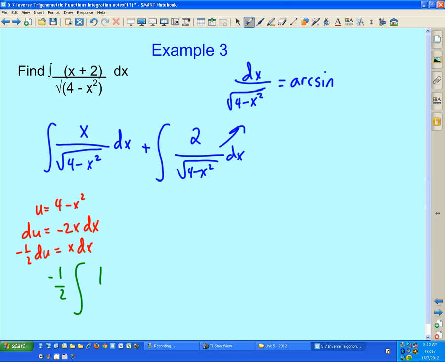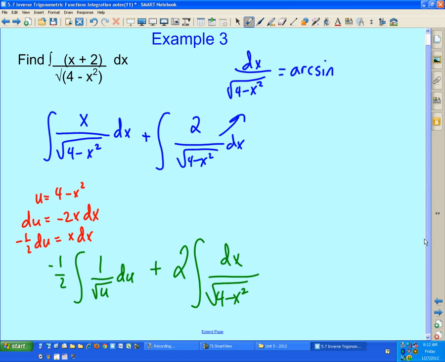On the second half, I'll factor out a 2, and by doing that, I get dx over the square root of 4 minus x squared, which now looks a lot like arc sine, which is what we'll be able to convert that to.